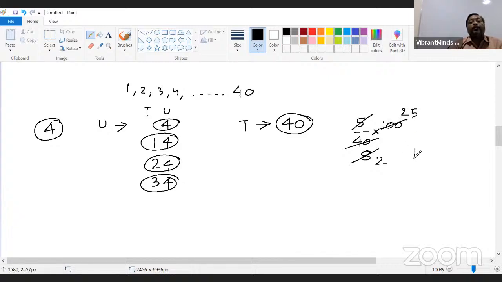And 25 by 2 is how much? 12.5%. I hope now I am clear. Is it okay? Mr. Vijay?